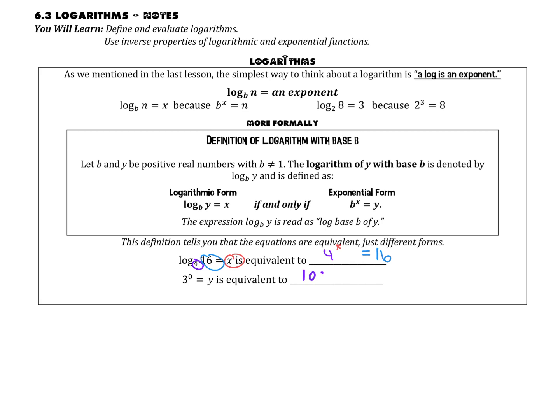So log base 3. 3 is the base of the exponent, which means it will also be the base of the log. The y is what's on the other side, so log base 3 of y is equal to 0. Now that we've done a couple practice problems going back and forth, let's do a few more so we can really get this translation between forms down.